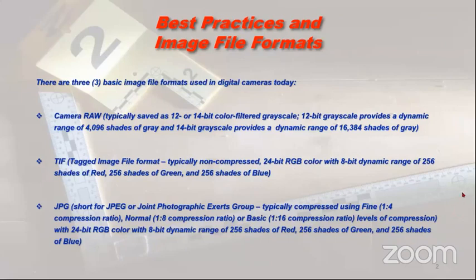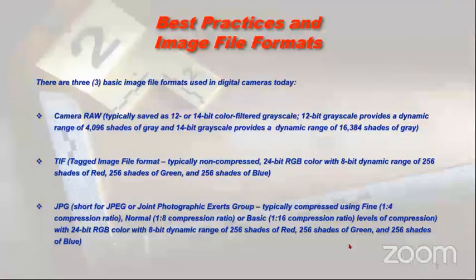Now, when we get into JPEG compression, unfortunately, there are a lot of people that, when photographing and processing trace evidence, still use JPEG images. And if I were to be able to command you to stop doing one thing to improve the quality of your image processing, that one thing would be to stop using JPEG images.